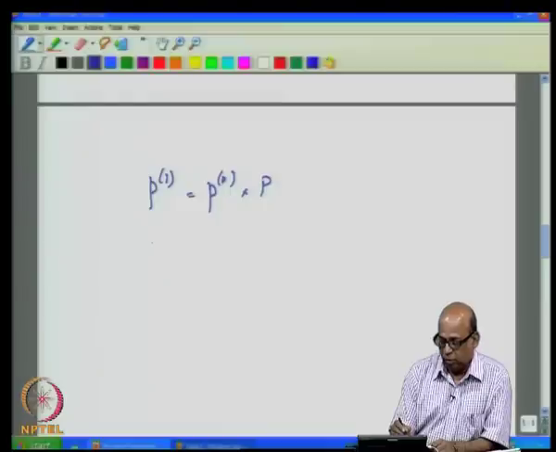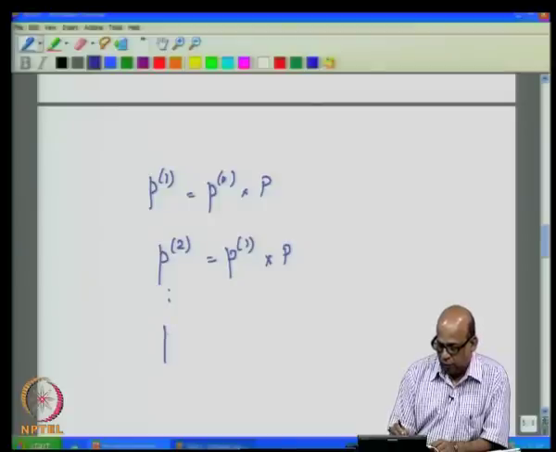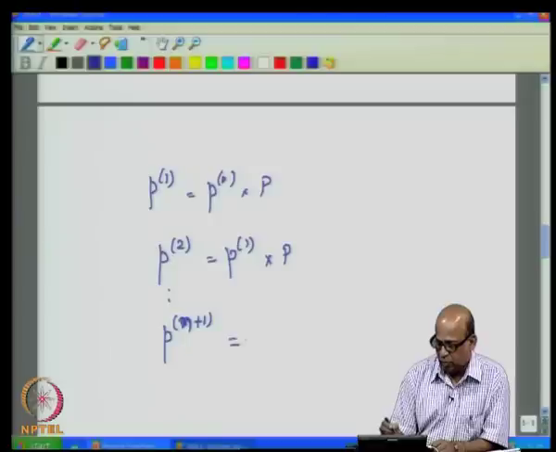Similarly, we wrote P 2 as P 1 into transition probability, and therefore, we can write P n plus 1, I say n plus 1 because m I am using for state, is equal to P n into P. That is, we are relating it with the probability vector of the previous time period.